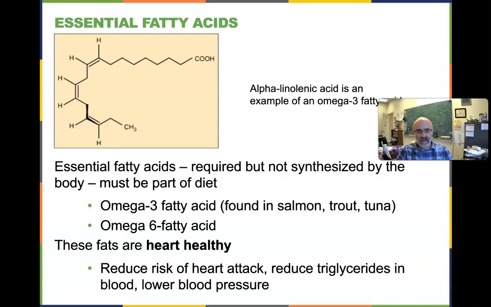Essential fatty acids. Basically this part of the molecule shown going out to the COOH is the hydrocarbon tail. That is a bunch of carbons and hydrogens, so that will tell you that this is a lipid.